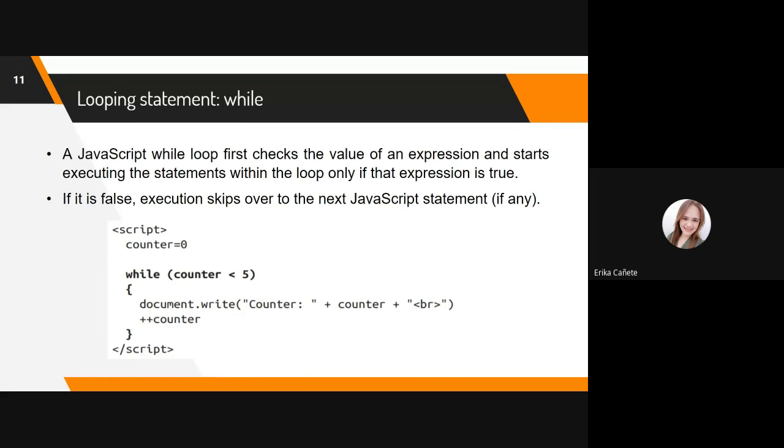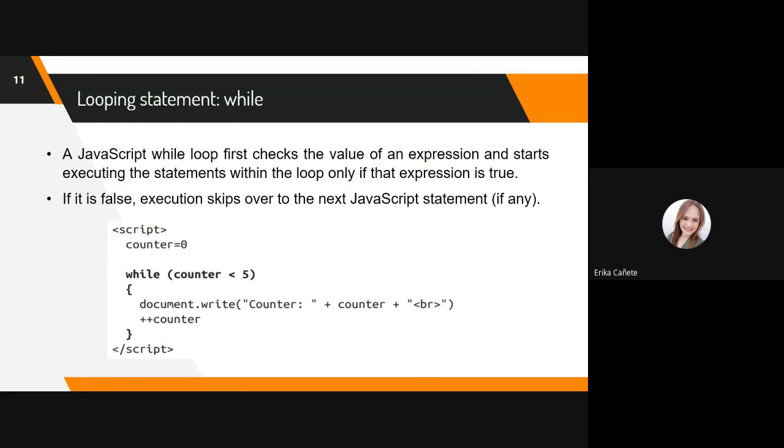Upon completing an iteration of the loop, the expression is again tested to see if it is true, and the process continues until the expression evaluates to false or until execution is otherwise halted.